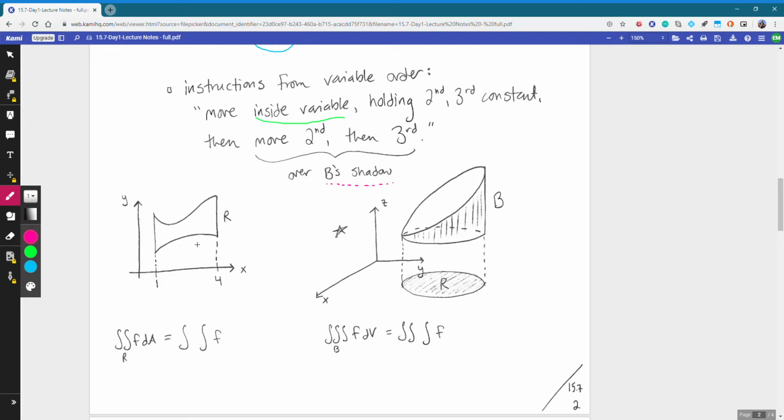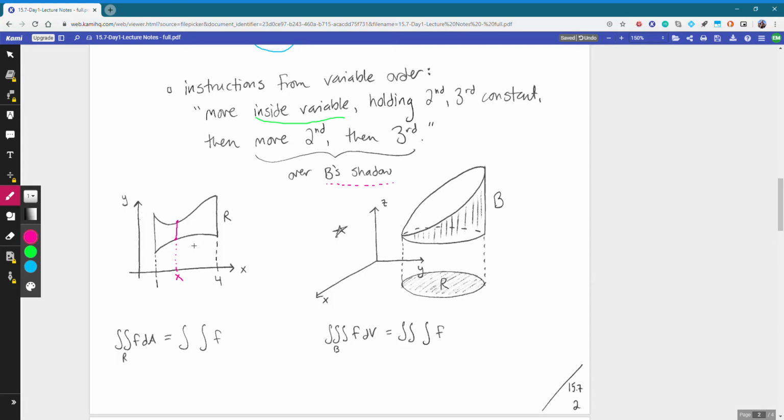And we're going to need multiple integrals, and it's going to be really icky. But if we instead set x and move y, then we're always starting at this bottom curve and stopping at this top curve, for any of the x's between 1 and 4.